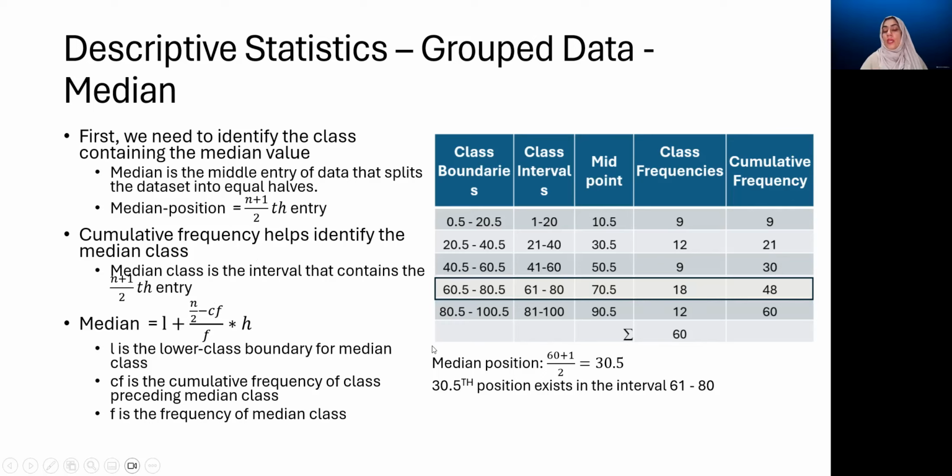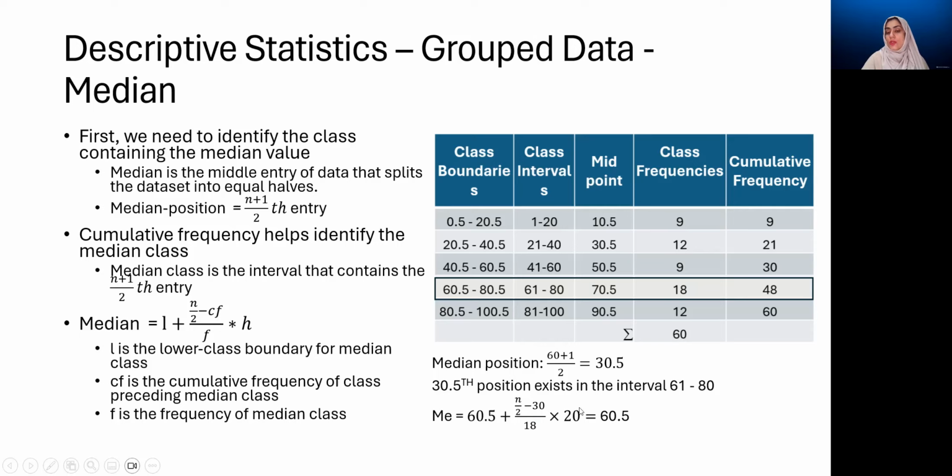So we're going to make use of the cumulative frequency of the class above the median class, and the frequency of the actual class. So here we do the computations. Median is calculated as the lower class boundary of the median class, which is 60.5, plus n divided by 2, n is 60 here, minus 30, and we get 30 minus 30 as 0.